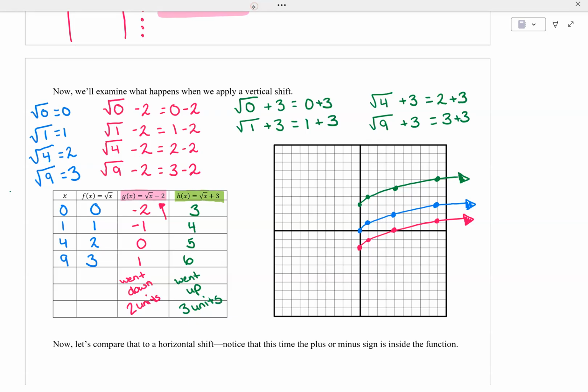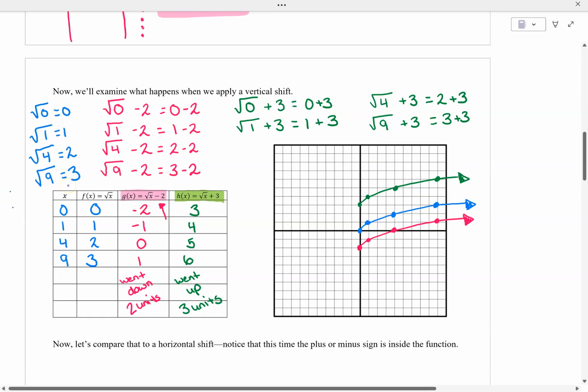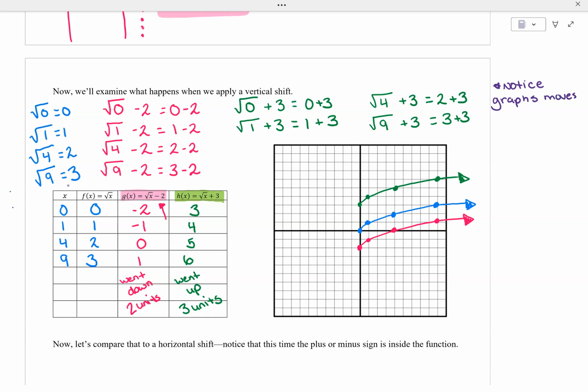Okay, so I want you to think about what happened. I'll put it right here off on the side. Notice graphs move up or down, which means we have a change in y values.